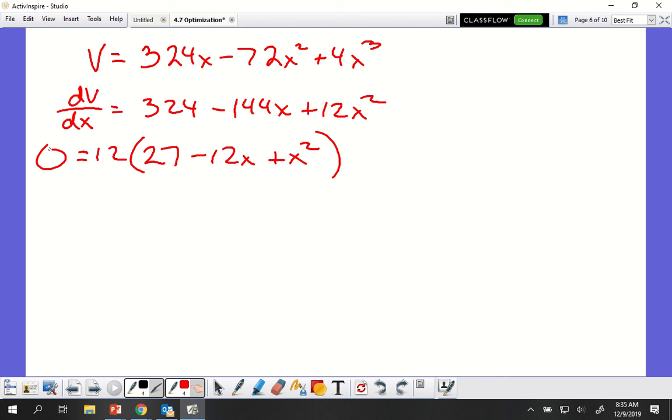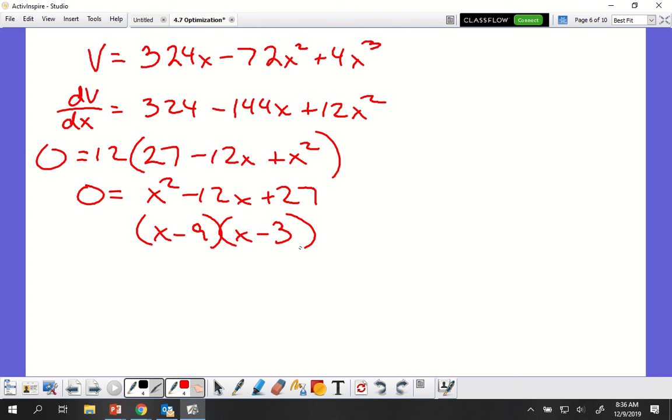I'm going to rearrange this too because I hate having the x at the end. x squared minus 12x plus 27. Factors of 27, 9 and 3? Yes. Negative 9, negative 3. So x minus 9, x minus 3, equals 0. That means that x is equal to 9 and x is equal to 3.